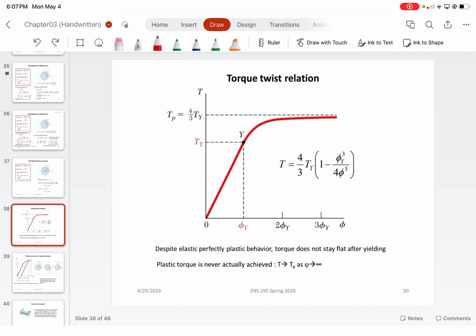Now when it comes to the torque-twist relation, the angle of twist varies linearly as long as we're still within the linear elastic region. Once you break the linear elastic region, we get a parabolic function, or technically a cubic function, where phi y would just be a constant because we would know what the angle of twist at yielding would be.